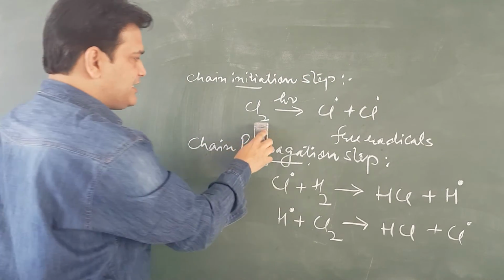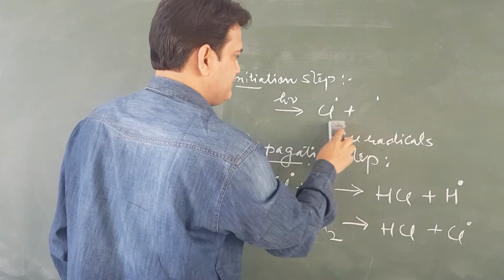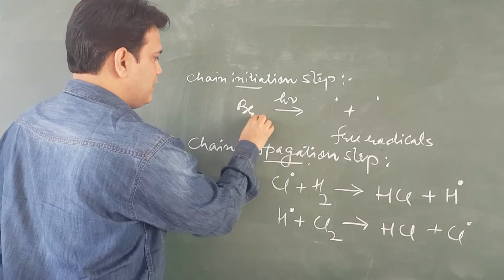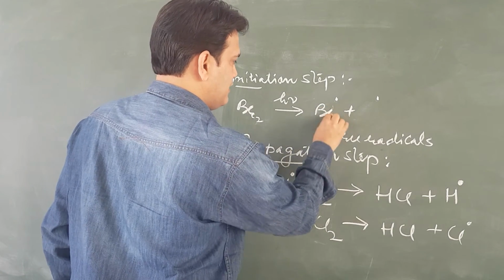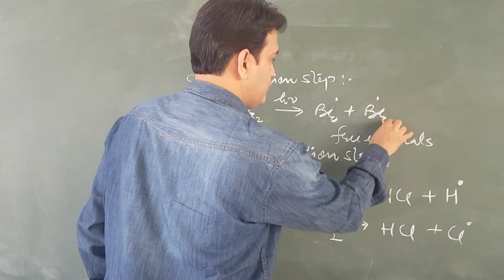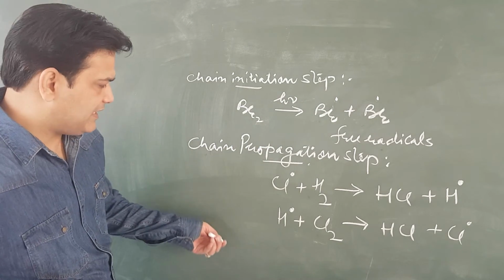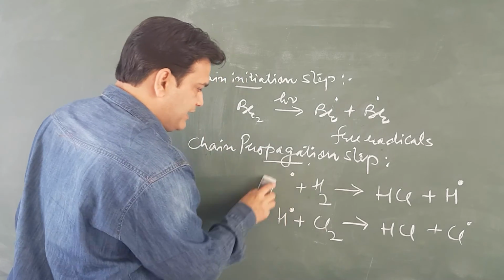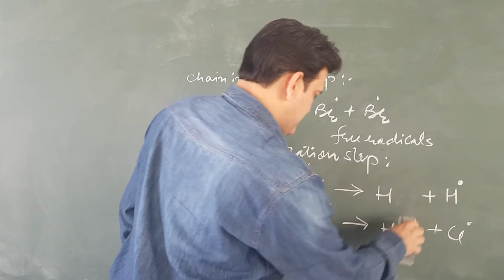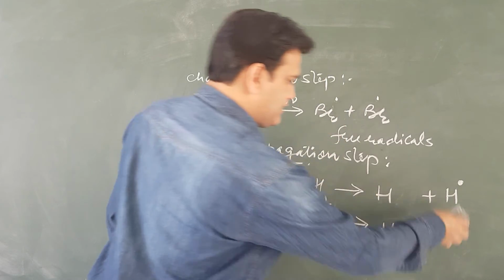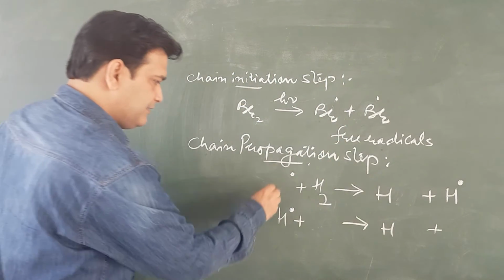In the initiation step, Br2 will change into bromine free radicals, and obviously in every place where Cl2 or Cl is there, there will be Br.